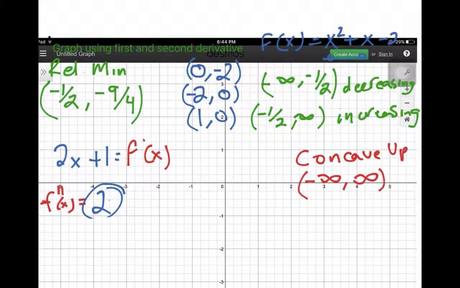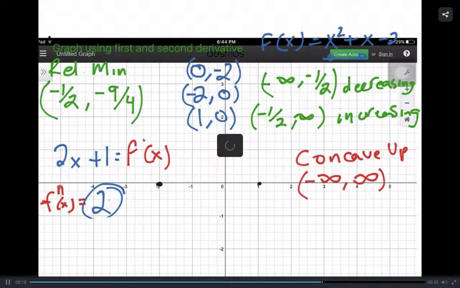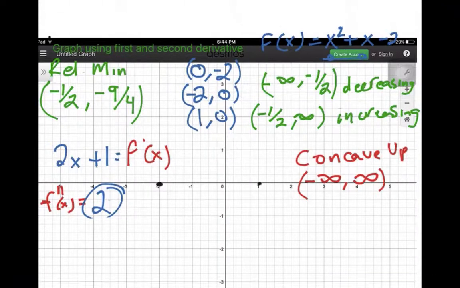So let's start out with our intercepts: (negative 2, 0), and (1, 0). Now let's do the (0, negative 2), sorry.